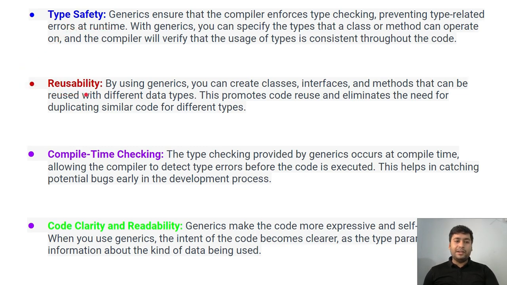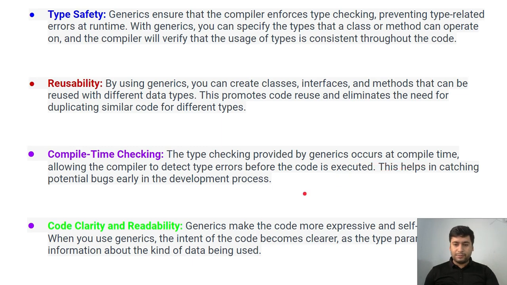What is reusability? Reusability means by using generics, you can create classes, interfaces and methods that can be reused with different types of data. This promotes code reuse and eliminates the need for duplicating similar code for different types. So this is called reusability. Compile time checking means it will give the error at compile time only. The type checking provided by generics occurs at compile time.